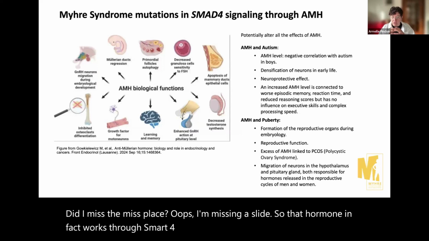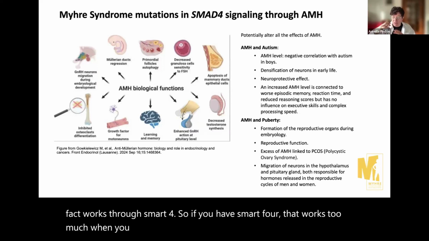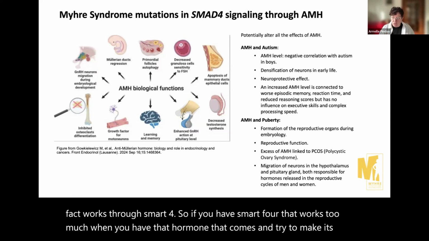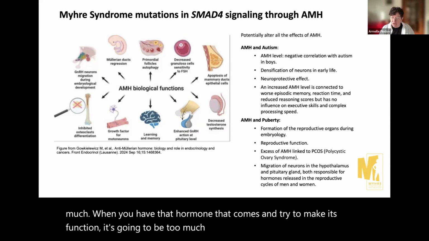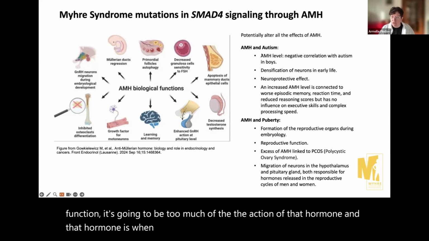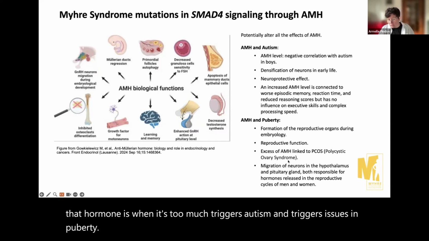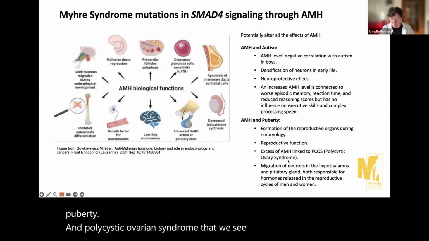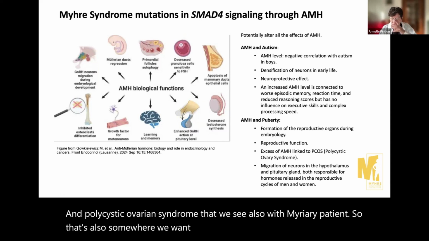If you have SMAD4 that works too much, when that hormone comes and tries to perform its function, there's going to be too much action of that hormone. And when it's too much, it triggers autism and issues in puberty and polycystic ovary syndrome that we see also with Myhre patients. So that's also somewhere we want to act in a treatment.